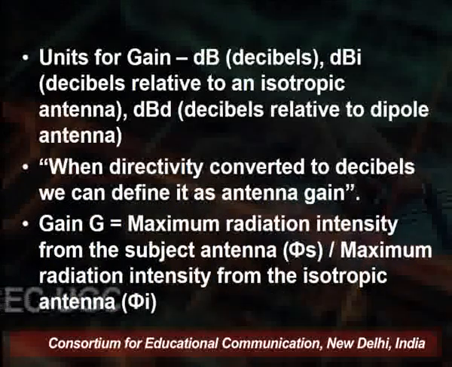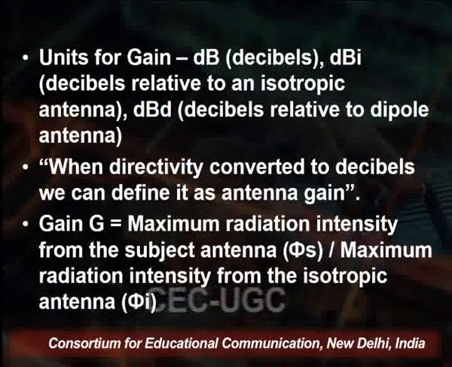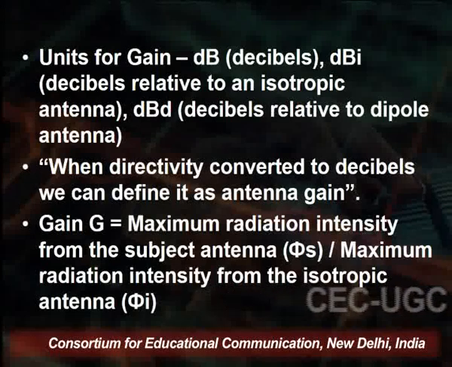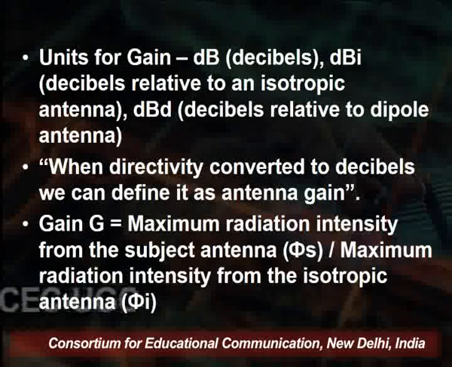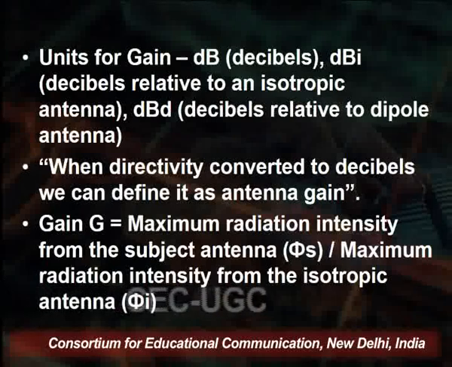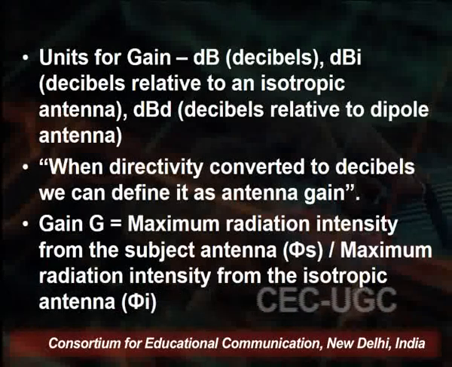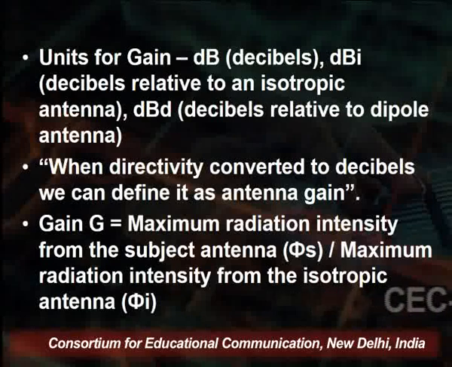What is the unit of the gain? The unit of the gain is the decibel, dB, that is dBi, decibels related to an isotropic antenna, and dBd, related to the dipole antenna.